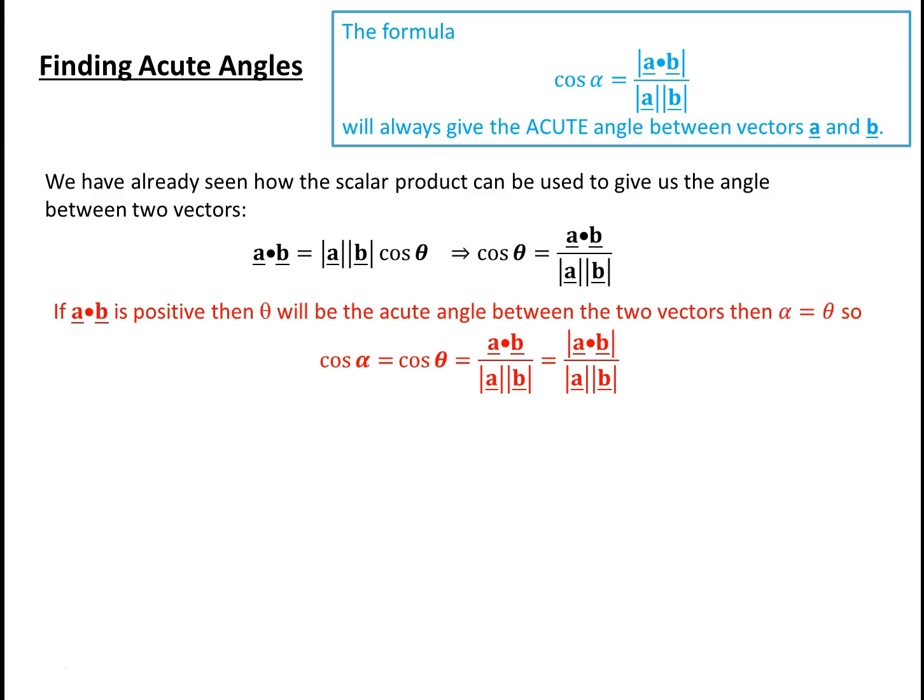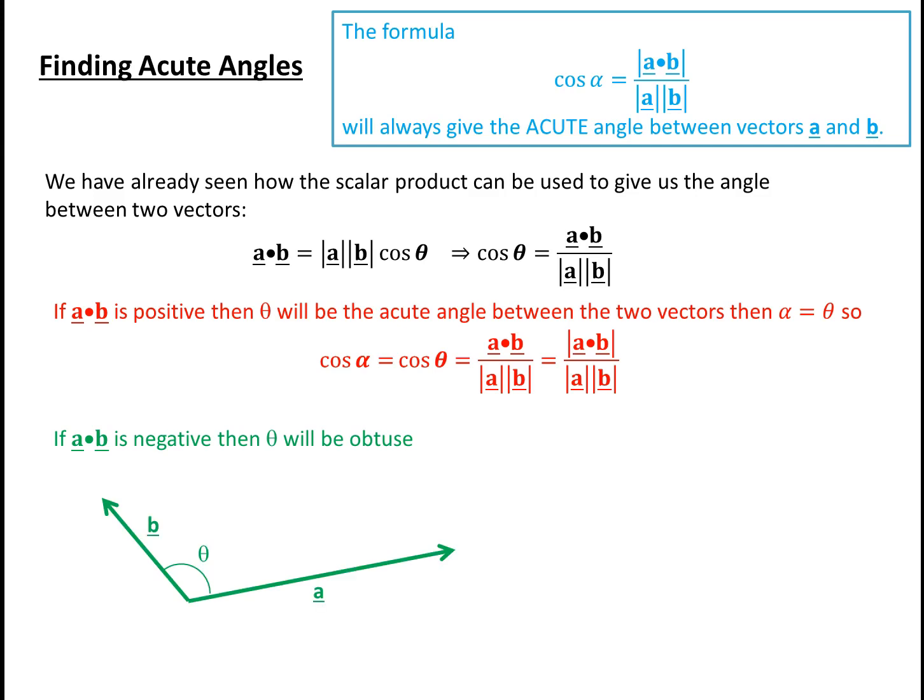What about if A dot B is negative? Well, if A dot B is negative, then the expression cos theta equals A dot B divided by the length of A times the length of B means that cos theta is a negative number, and hence the formula is going to give me an obtuse angle, not an acute angle.